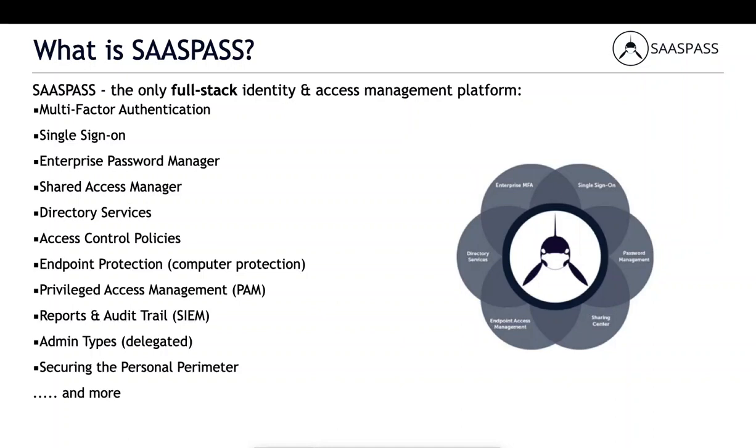PAM, Privileged Access Management: SAASPASS actually has all the features that a Privileged Access Management system has, like, for example, session recording. This is another example of how to integrate the models together. You log into your computer in a secure way with SAASPASS, with multi-factor authentication, then it automatically triggers the single sign-on channel, but it could also trigger the privileged access management system.